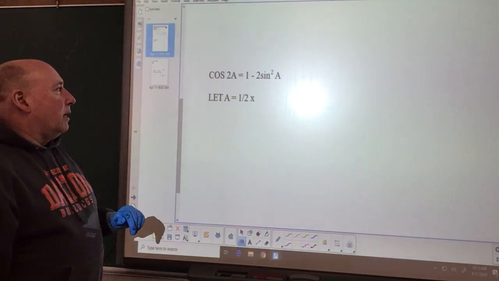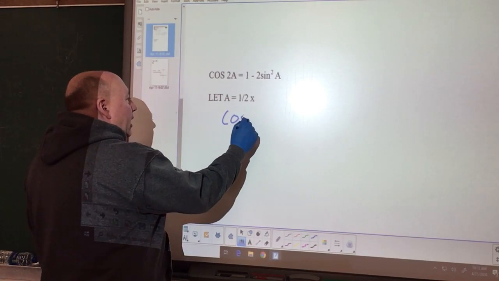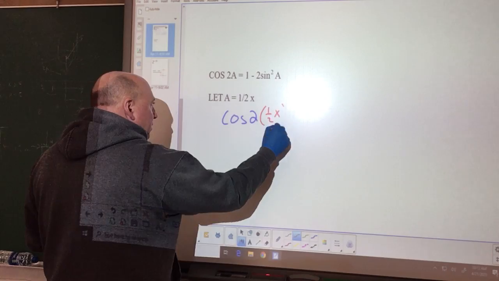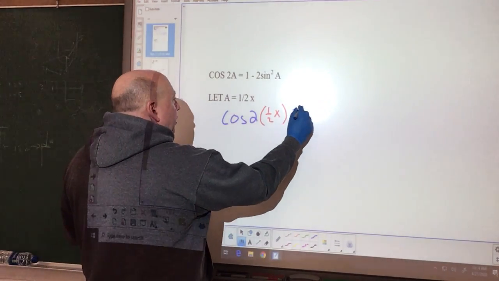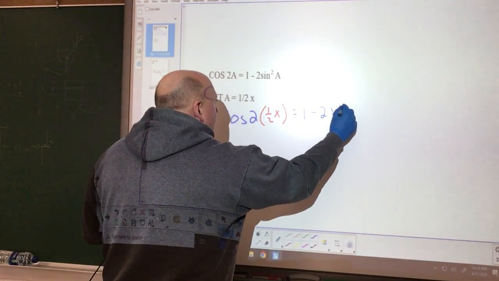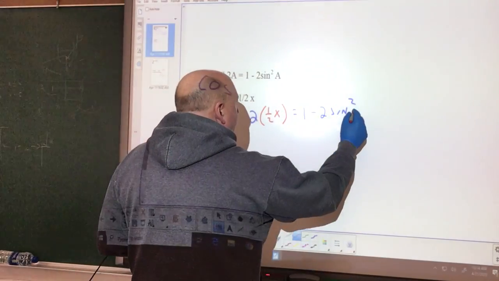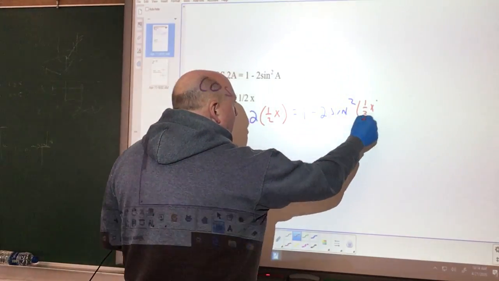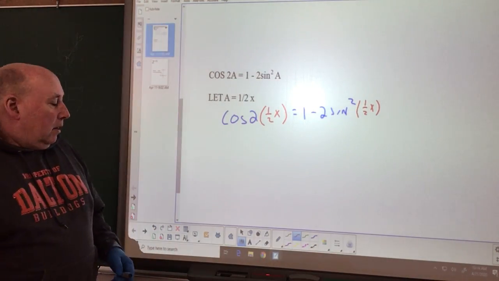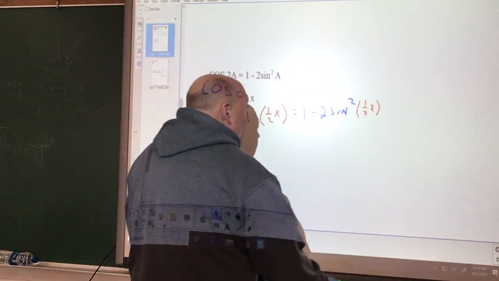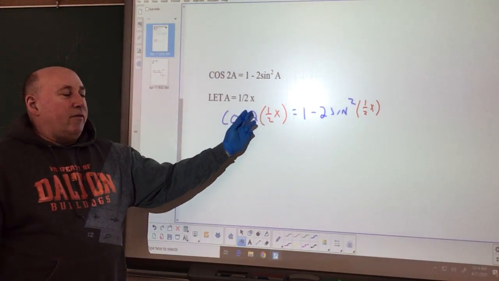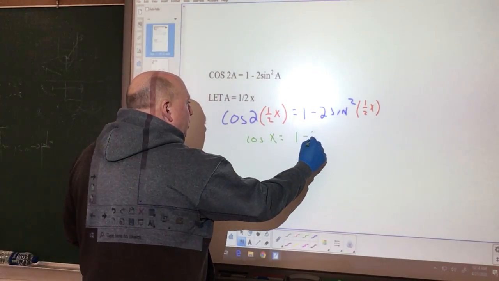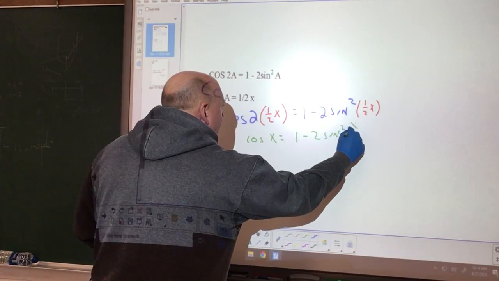So if we make the same substitution, we have the cosine of 2 times this 1/2 x is equal to 1 minus 2 sine squared of 1/2 x, or x over 2. Once again, if I multiply here, we're left with cosine of x is equal to 1 minus 2 sine squared of x over 2.